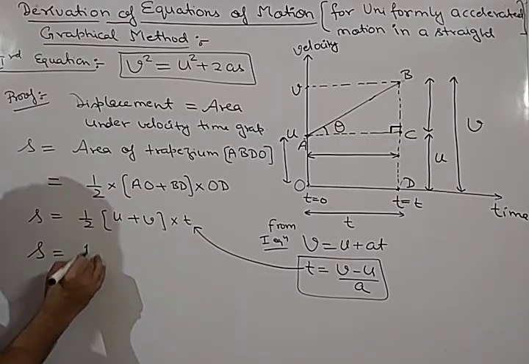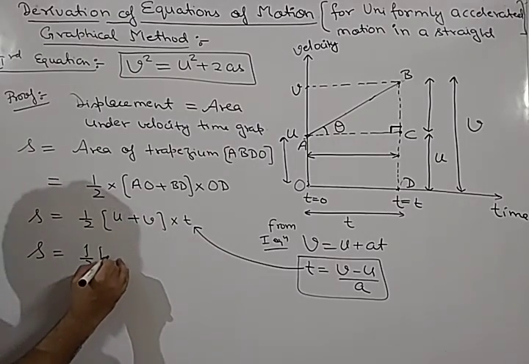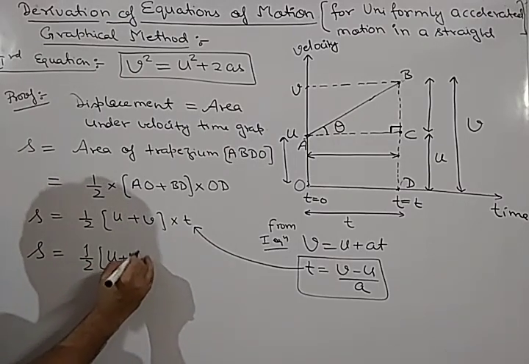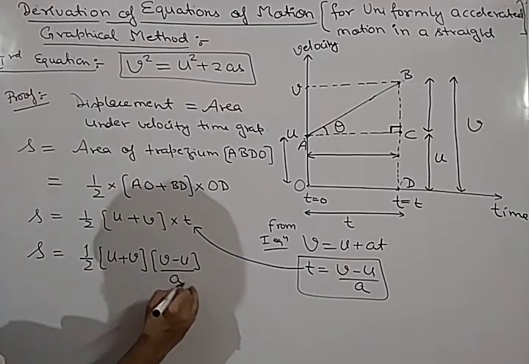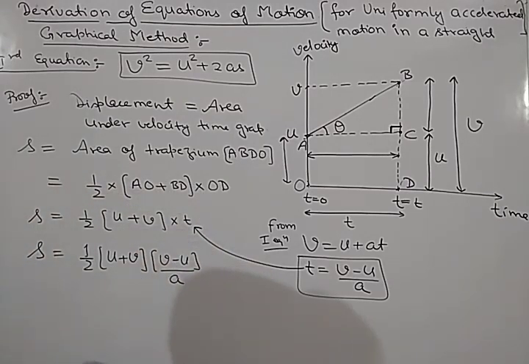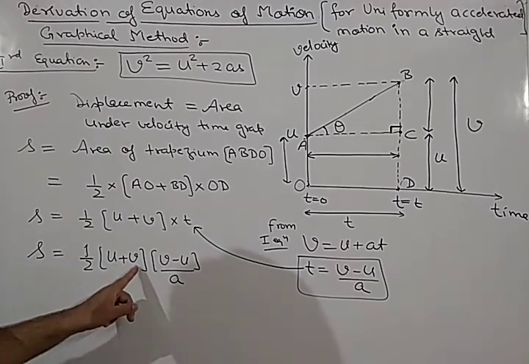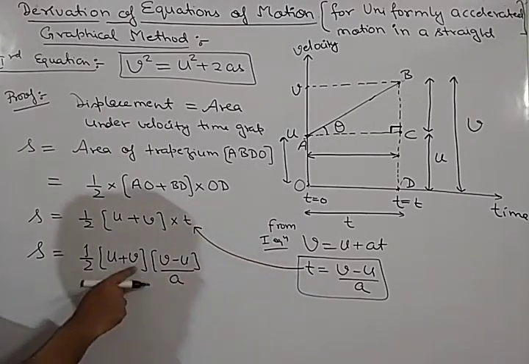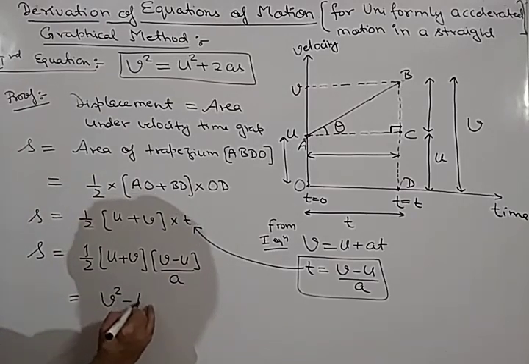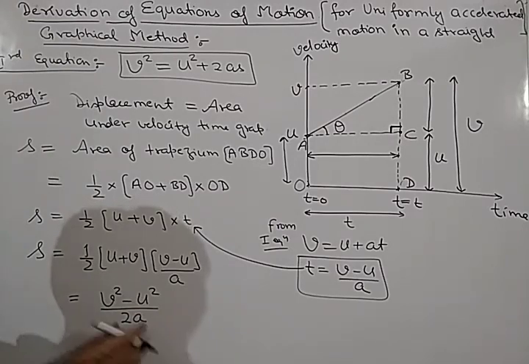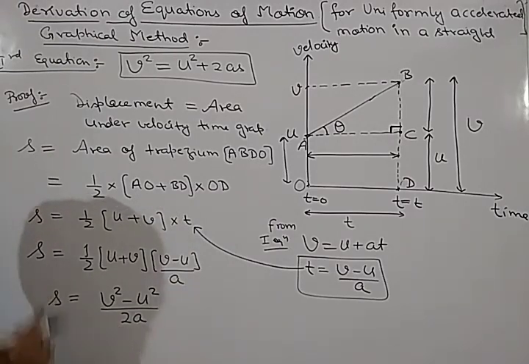We will get s is equal to half into u plus v into v minus u upon a. Now this is a plus b and a minus b: v plus u, v minus u. So we can write it as v square minus u square whole upon 2a. This 2 into a, it is 2a is equal to s.